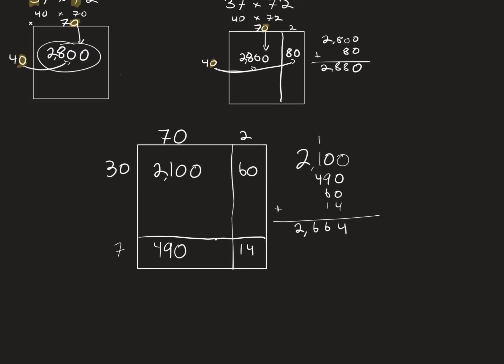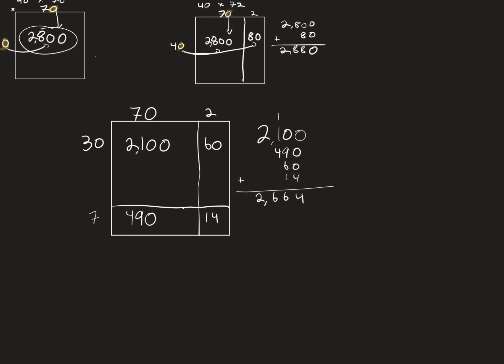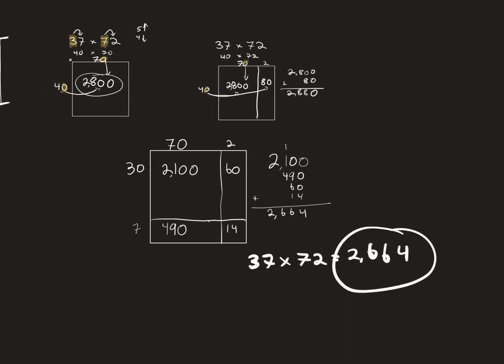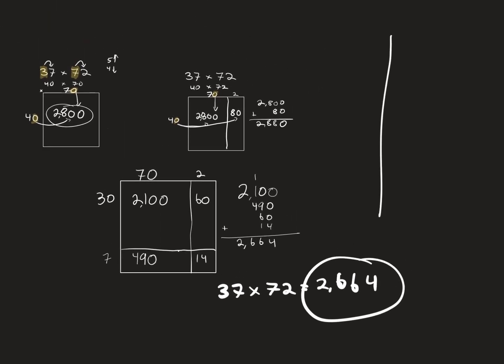So when I actually multiply 37 times 72, I get 2,664. Now I can look at my estimate. My first one I had at 2,800.